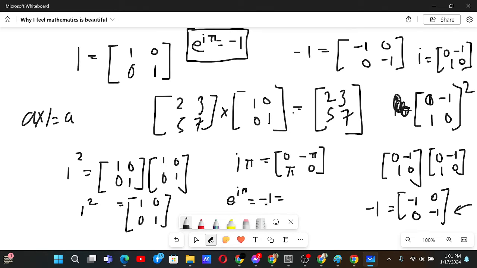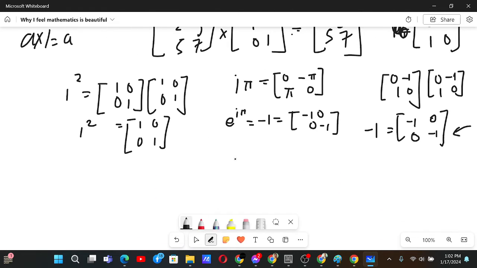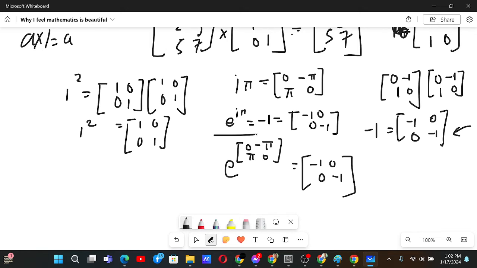And minus 1 we know is just minus 1, 0, 0, minus 1. That means e to the power of the matrix 0, minus pi, pi, 0 should be equal to minus 1, 0, 0, minus 1. So if we just go with the equivalence of numbers to the matrix, we get this result.